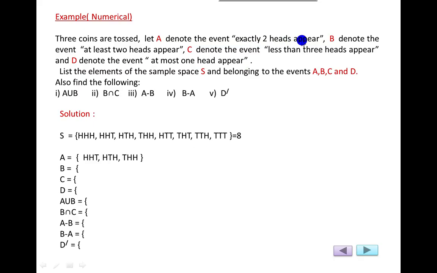Suppose you want to calculate the probability of exactly 2 heads appearing if you throw a coin 3 times or 3 coins 1 time. Probability will be equal to 3 upon 8, out of 8, 3. Very simple. So first we write in the numerator the number of outcomes of the event and divide by the possible outcomes.